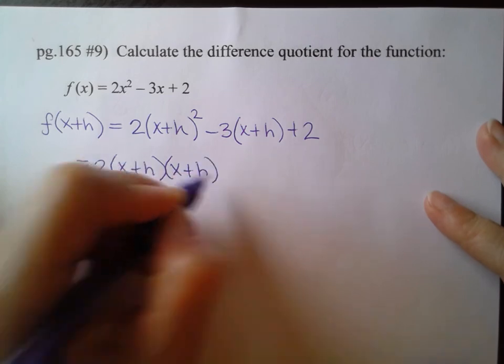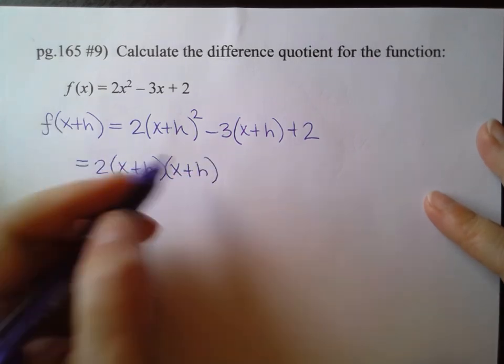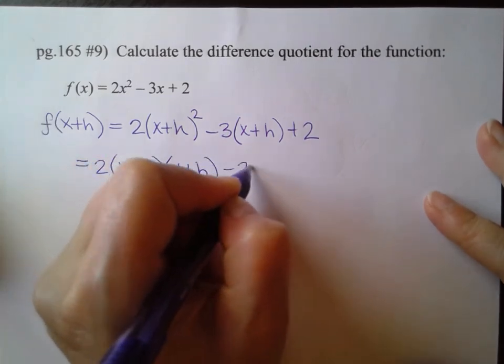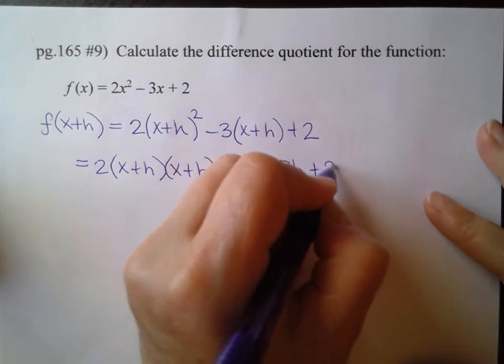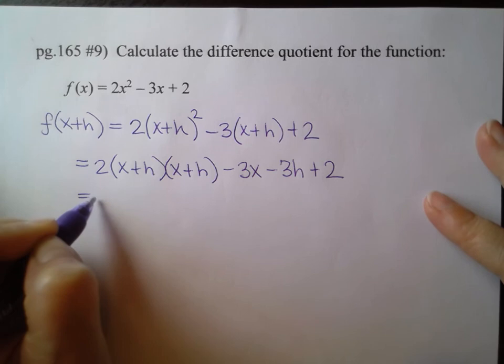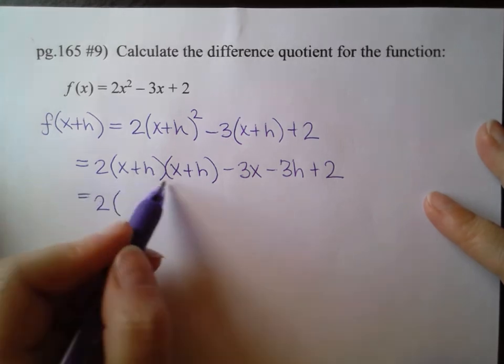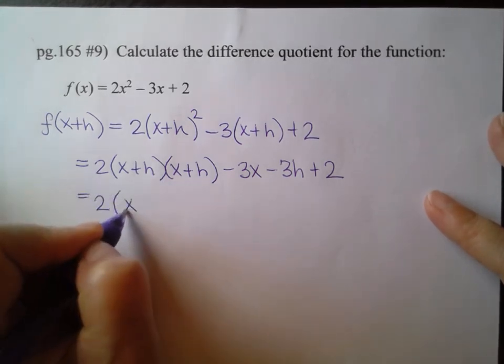Okay, since I'm squaring this, I'm going to write out 2 copies. I'm going to go ahead and distribute my -3. And then I'm going to use FOIL to multiply these two copies together.